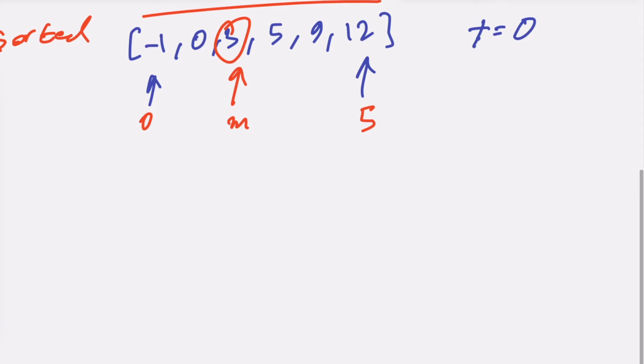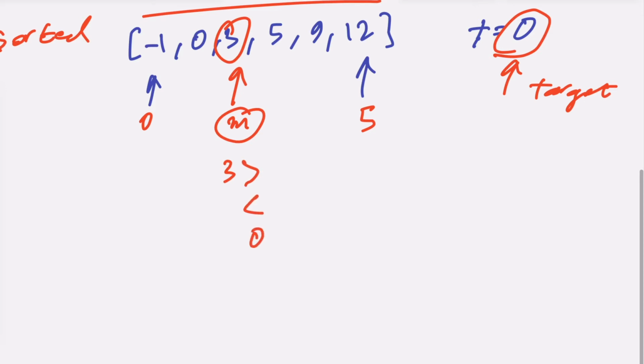Okay, we are looking for 0. This is our target. When we reach the middle index, we check the middle object at index m. It is 3. Because we are in a sorted array, we ask: is 3 greater than the 0? So we only remove this portion of the array and continue removing the objects here.